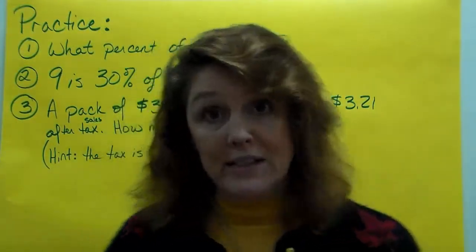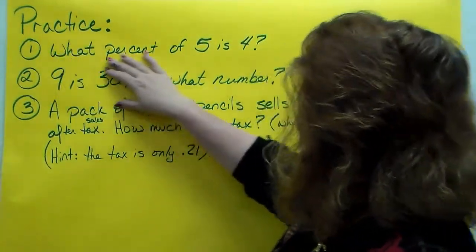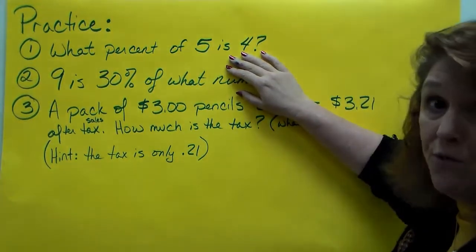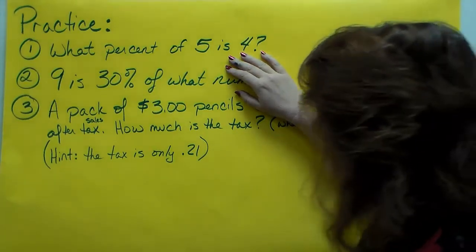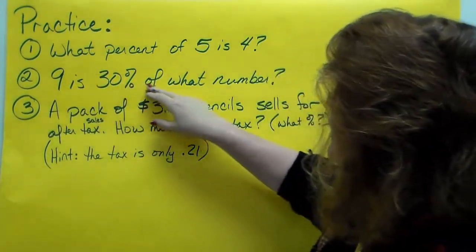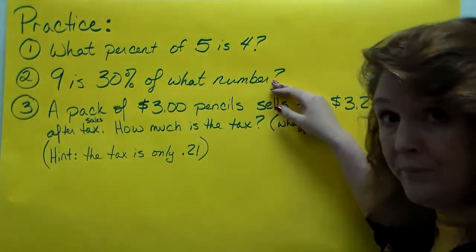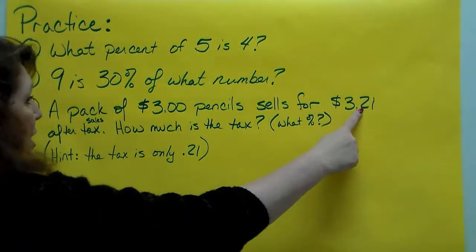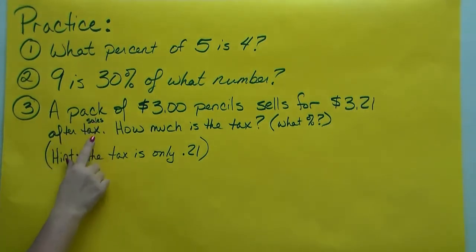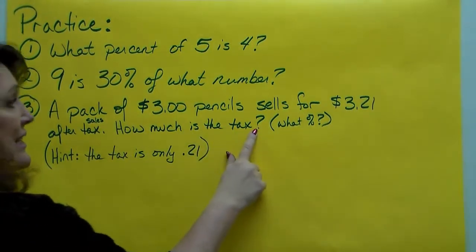So here's your practice. What percent of 5 is 4? And you get to pick how you solve it. 9 is 30% of what number? And then a word problem. A pack of $3 pencils sells for $3.21 after sales tax. How much is the tax?